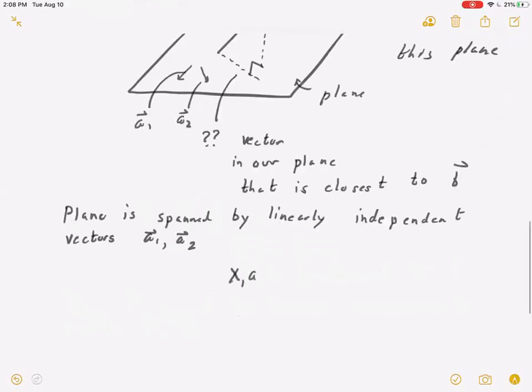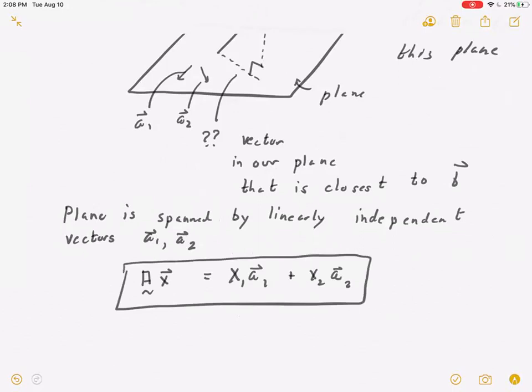The coefficients that we'll use to generate points in the plane will be A sub 1 and A sub 2. And we showed last time that in general, all points or all vectors in the plane are generated by this linear combination, where A is simply a matrix whose columns are the linearly independent vectors A sub 1 and A sub 2.